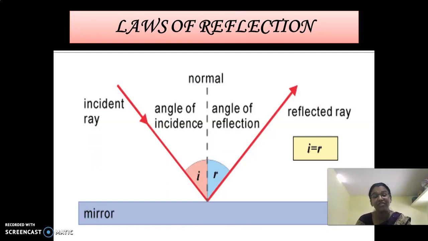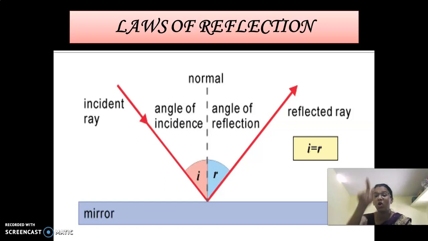And the next thing is laws of reflection. What are the laws of reflection? When a ray of light falls on a polished metal surface or on a mirror, the rays get reflected. The ray which is incident at a point P is called the incident ray, and the ray reflected from the point P is called the reflected ray.